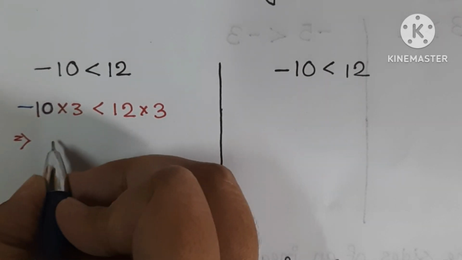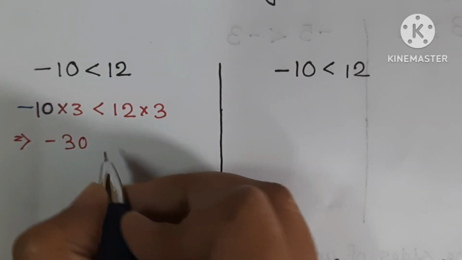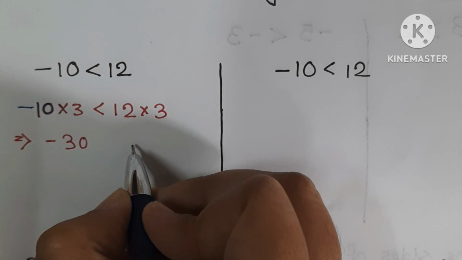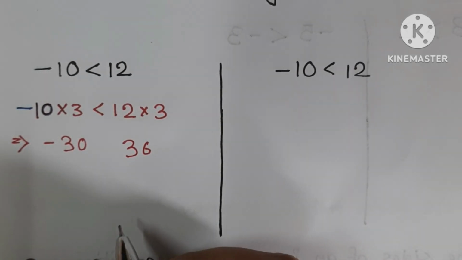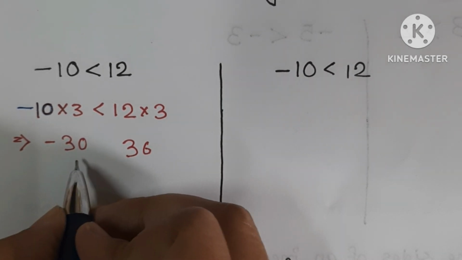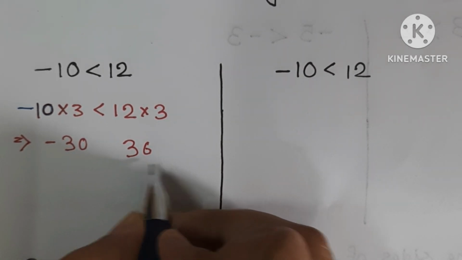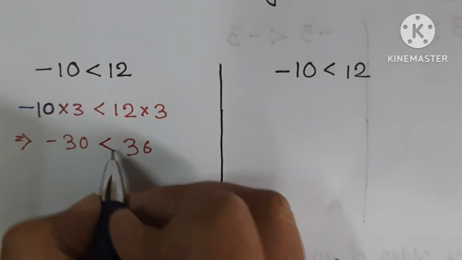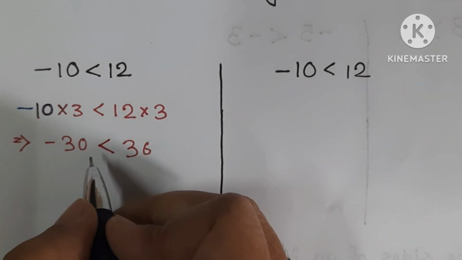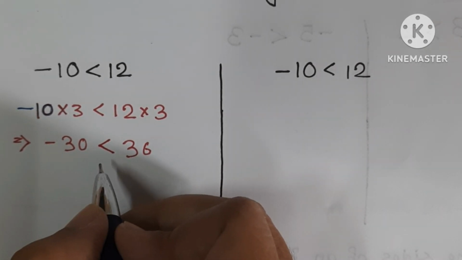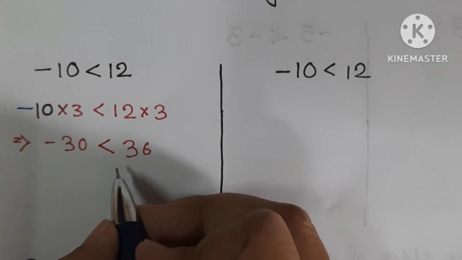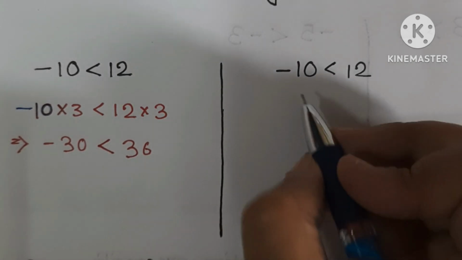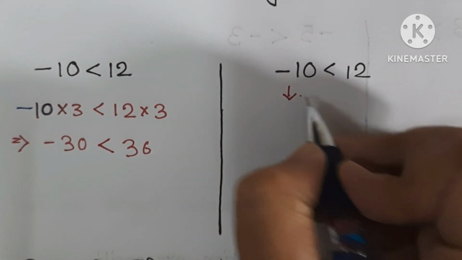It will be minus 30 and 36, right? Now minus 30 is less than 36, so the inequation sign will remain the same.